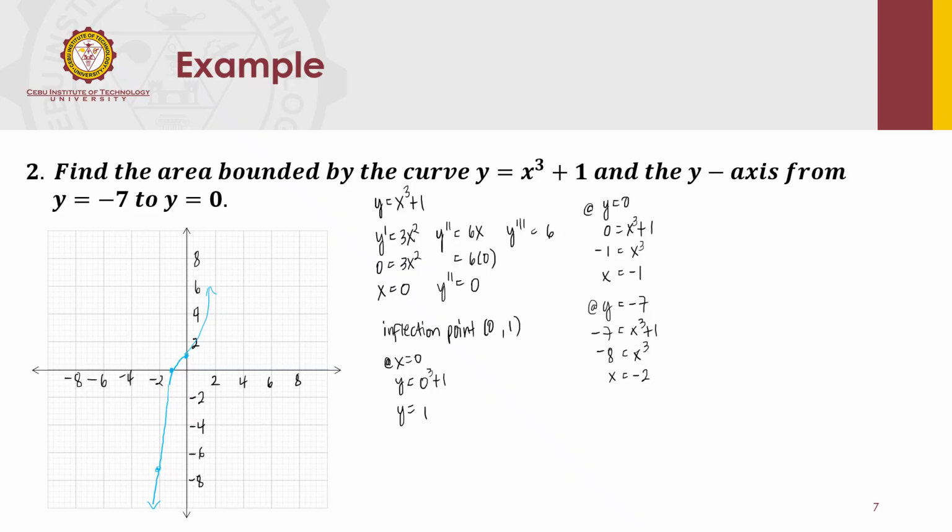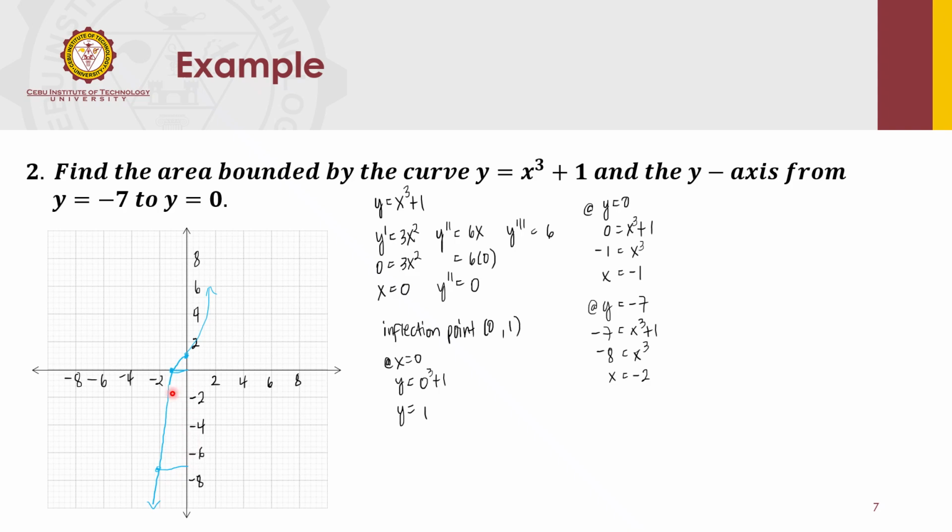So back to the area. We're going to start from y equals -7 up to y equals 0. So it's going to be this area only, from -7 to 0, and of course this y-axis.